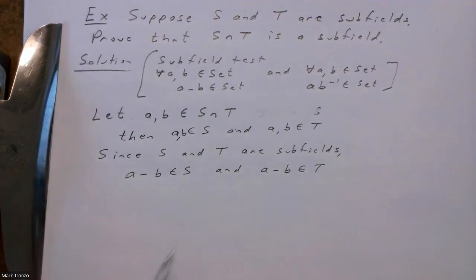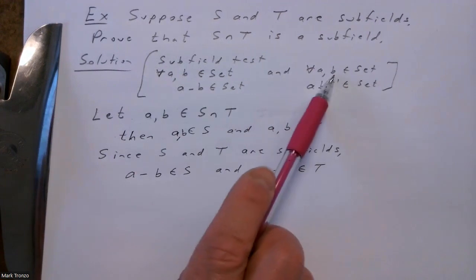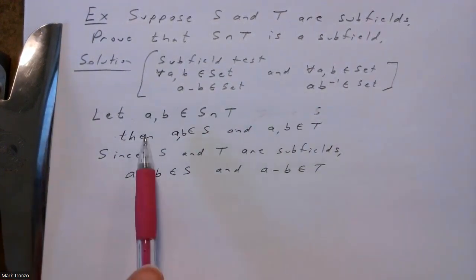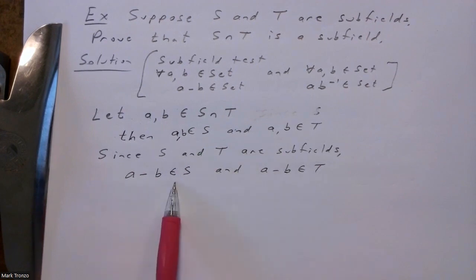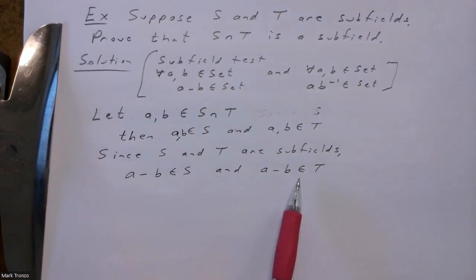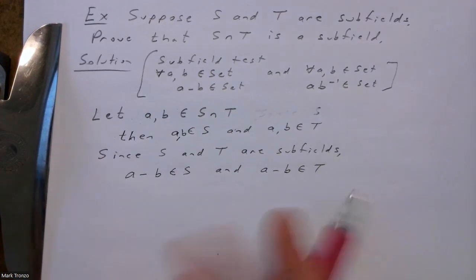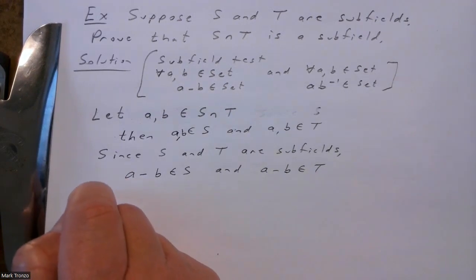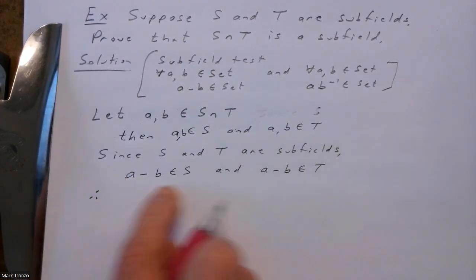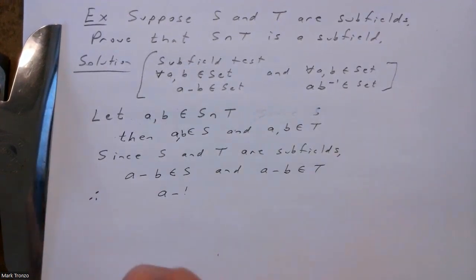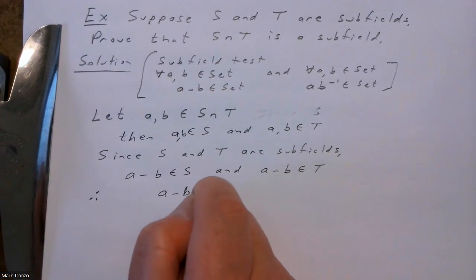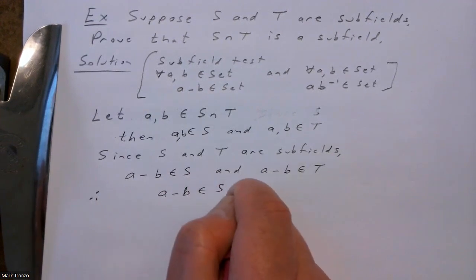That's because we know that S and T are subfields, so they have to have passed this subfield test. If you have any two elements that are in S, their difference is going to be in S. If those elements are in T, the difference is going to be in T. Therefore, since A minus B is in both S and T, it is in the intersection.